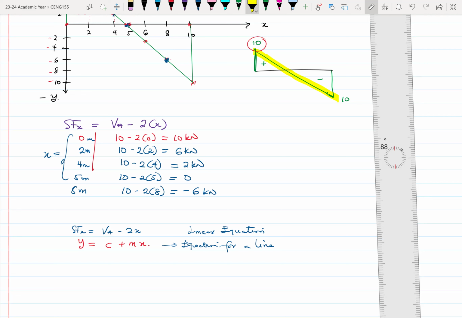That's right. Because there's a lot more that goes into it, and you wouldn't want to be spending too much time trying to determine shear force at intervals of 2, 3 meters, 4 meters. If you know the equation and you can find the two ends of your line, you can draw your line, right? You don't need to find for every single point along the length of the line.